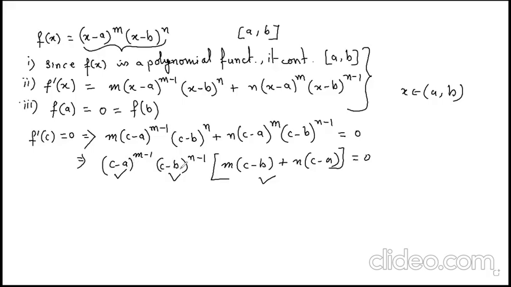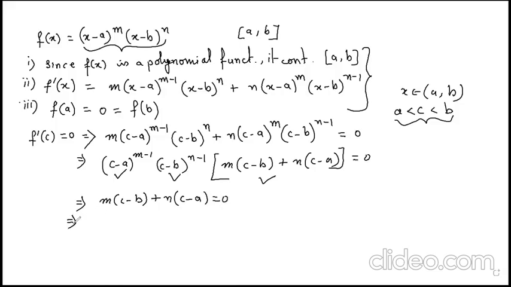If I make this equal to 0, c becomes equal to b, which is not at all possible because our c is lying somewhere between a and b. It's not exactly a or exactly b. So these two are not possible. That means this expression will be equal to 0. So this implies m into (c minus b) plus n into (c minus a) equals 0.